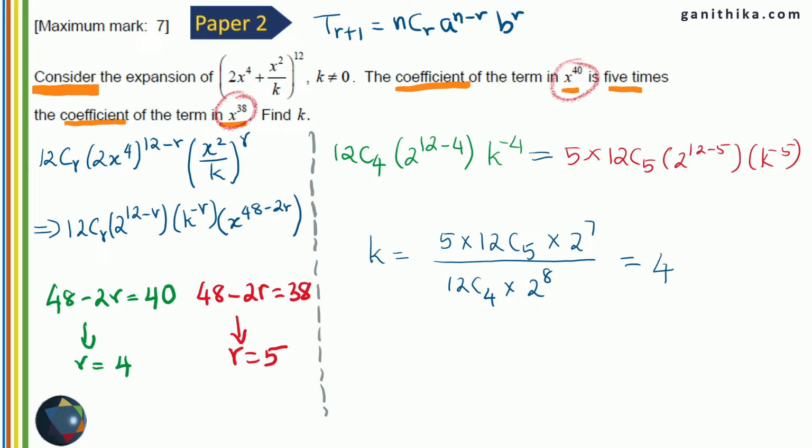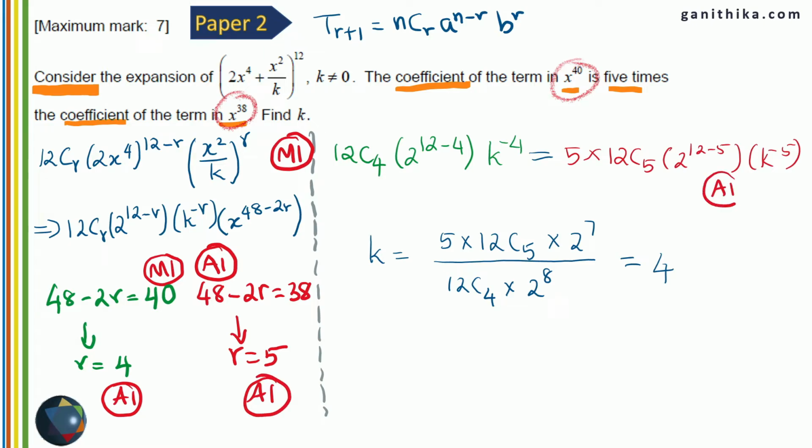Let's go for the marking scheme here. Method 1 mark for, as I said, writing the correct information from the general term and substituting the correct information into the general term. And a method mark for equating the power of x to 40 and 38, and an answer mark for correctly writing the expression for the power 48 minus 2r correctly, and A1 mark for finding the r values each, and another A mark for writing the expression properly with both the x to the power of 40 term and x to the power of 38 term.